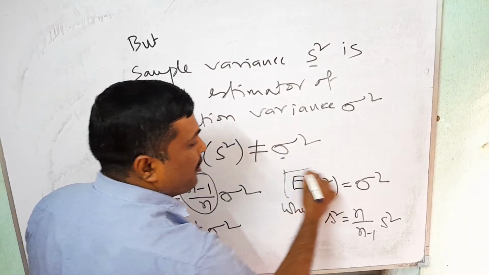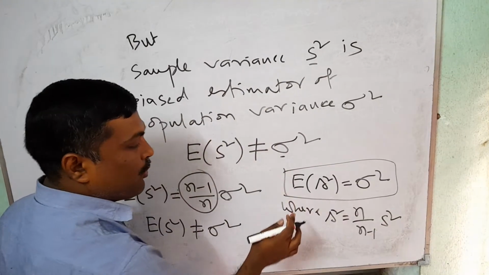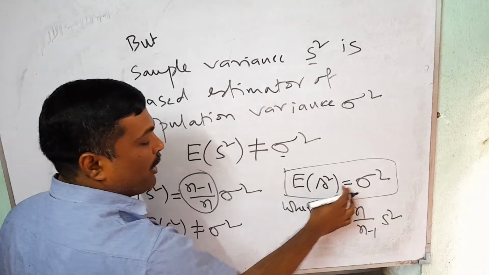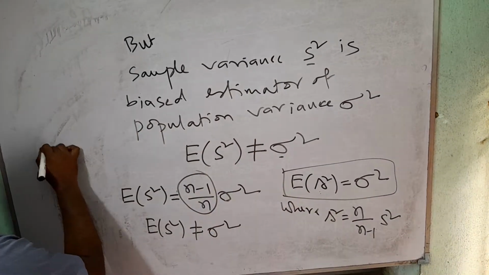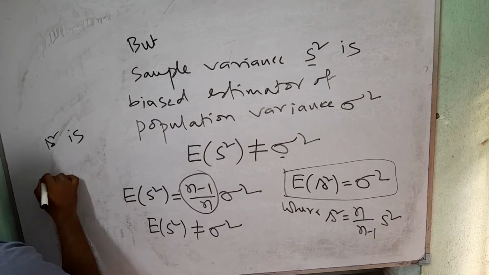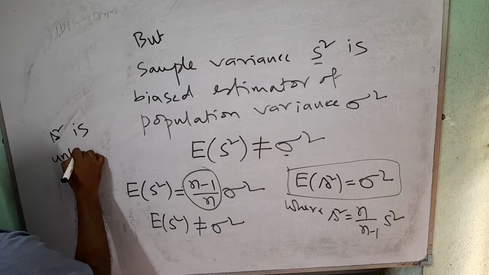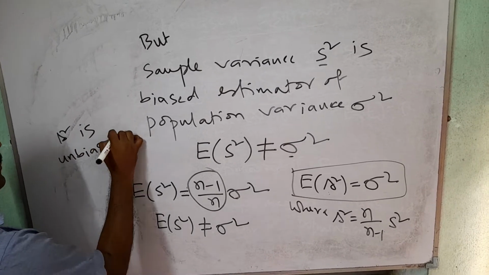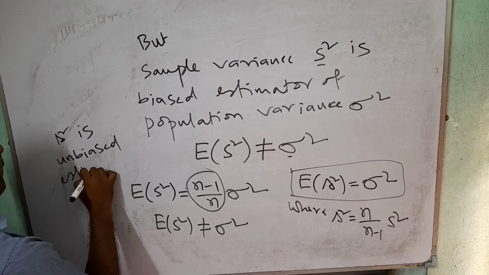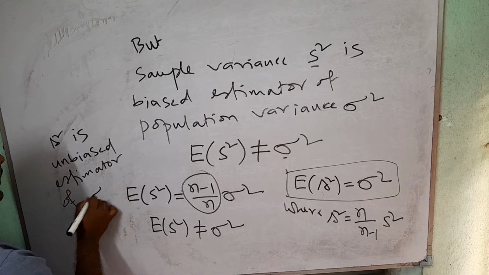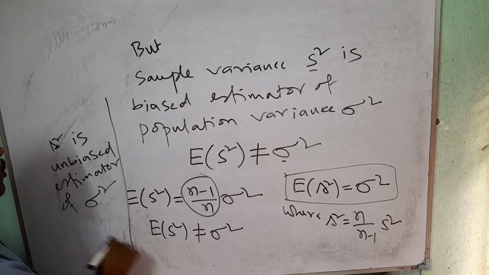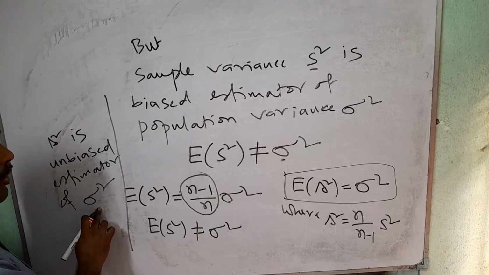See, E of small s square equals sigma square. So small s square is an unbiased estimator of sigma square.